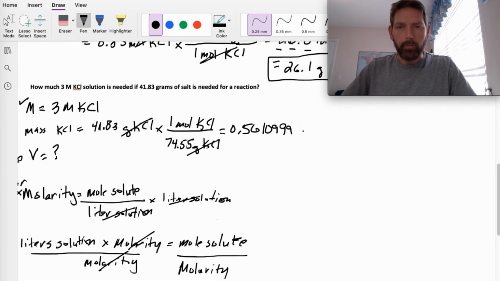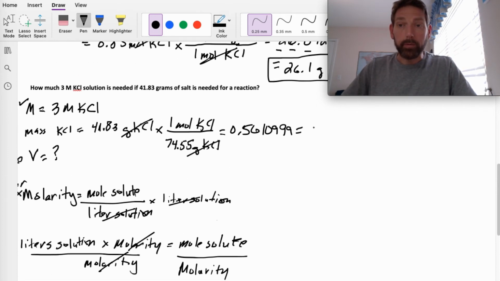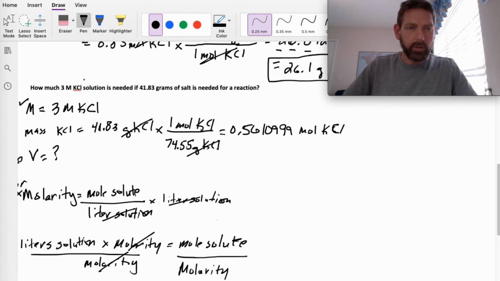So 33. So we know that that equals the moles. Oh, I'm sorry. Moles of potassium chloride. So we had 4 sig figs here, right? 41.83. So let's see, 1, 2, 3, 4.